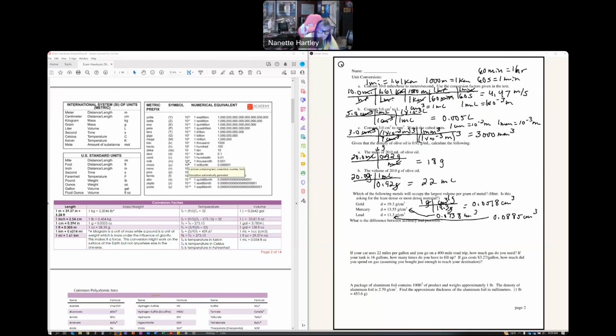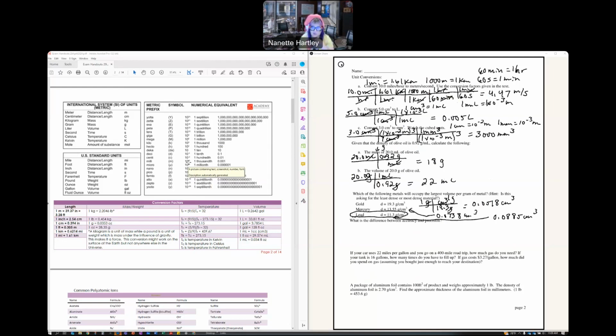So obviously I'm looking for the least dense material, which is this one right here, because that's the one that gave me the greatest volume. So even if you don't understand the hint, you can still do this by looking for which one gives you the biggest number in terms of the volume.